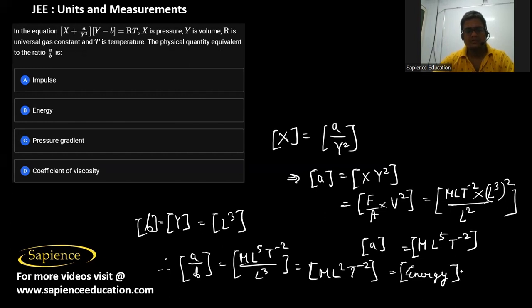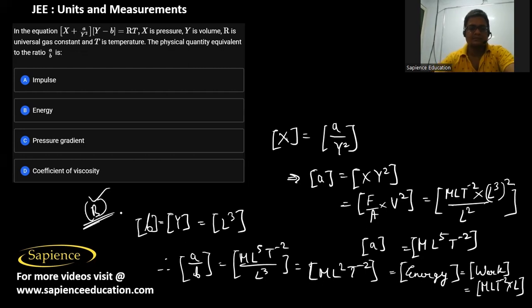Since the dimensional formula for energy is same as that of work done, and work done is force into displacement, so force is M L t power minus 2 into length, so that is M L square t power minus 2. So option B is the correct answer.